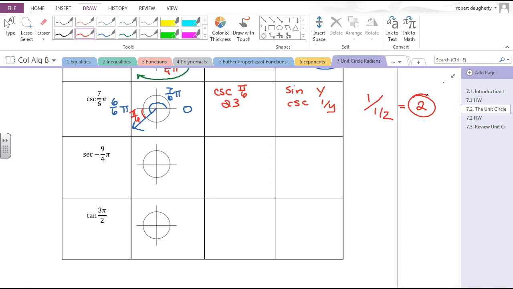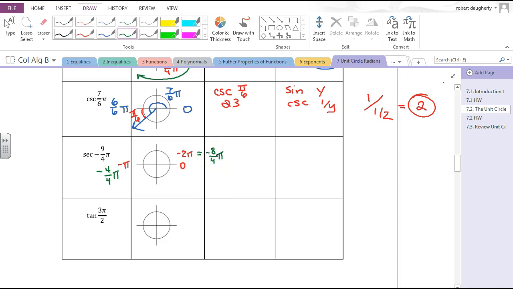On to the next one, secant of -9/4 pi. So if this is 0, if this is minus pi, and when I go all the way back around, that's minus 2 pi. Now it may help, since I'm talking about fourths, to think of this point as -4 over 4 pi. And then when I make one revolution, that's -8 over 4 pi.